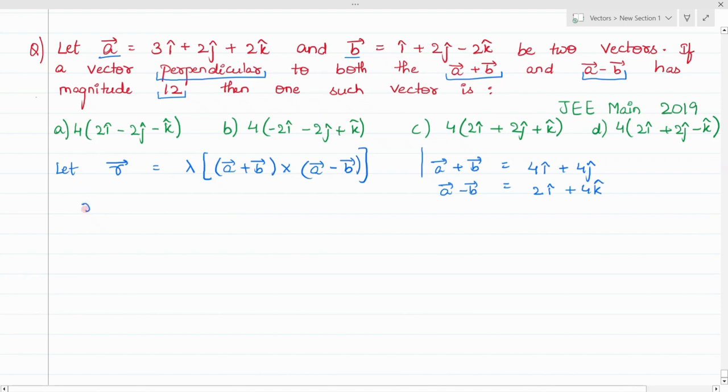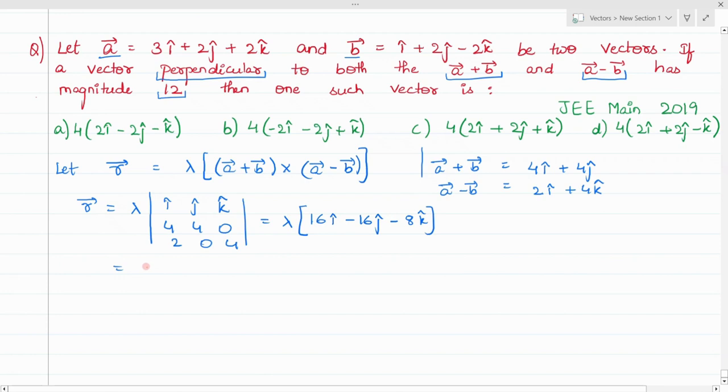Now, this R vector is written as lambda times of I, J, K, because we are taking the cross product here: 4, 4, 0, 2, 0, 4. It becomes lambda times of 16 I cap minus 16 j cap minus 8 k cap. Now take 8 common. It becomes 8 lambda times 2 I cap minus 2 j cap minus k cap.